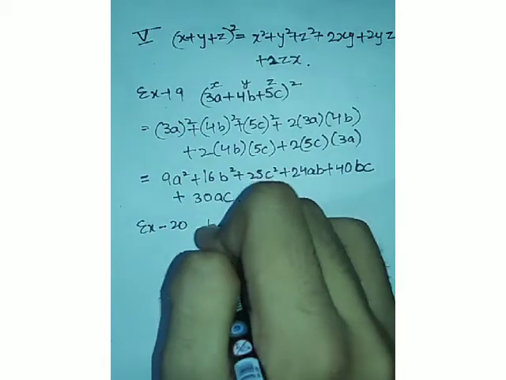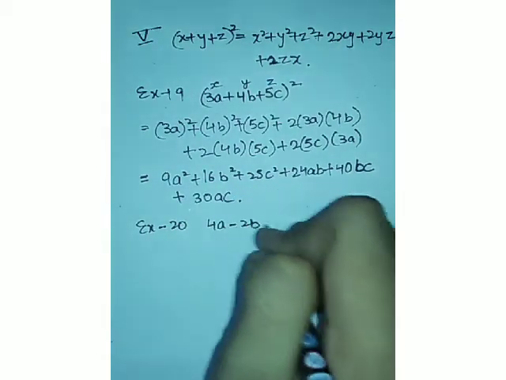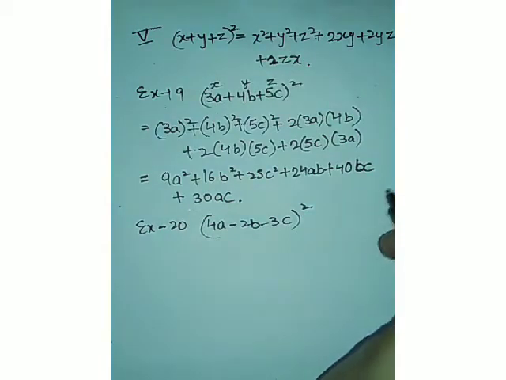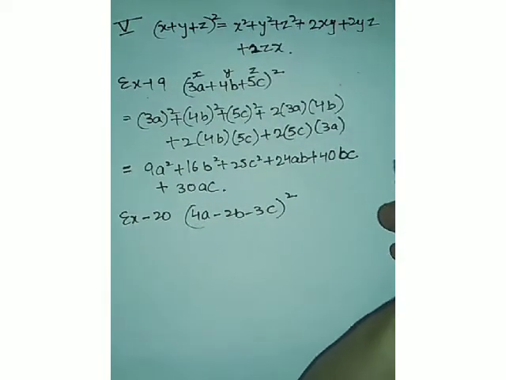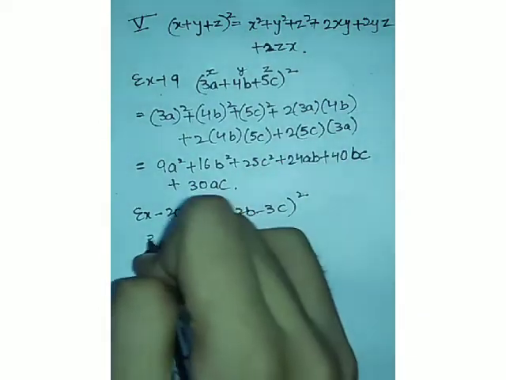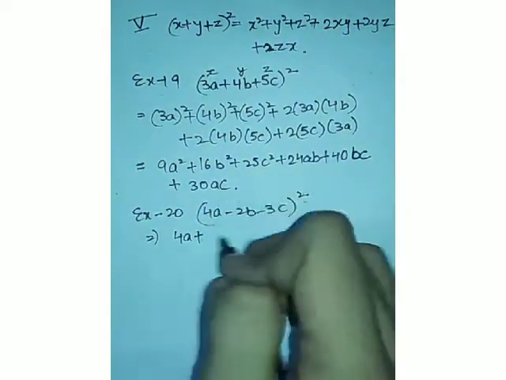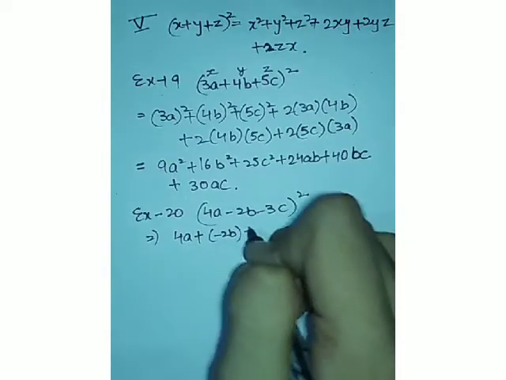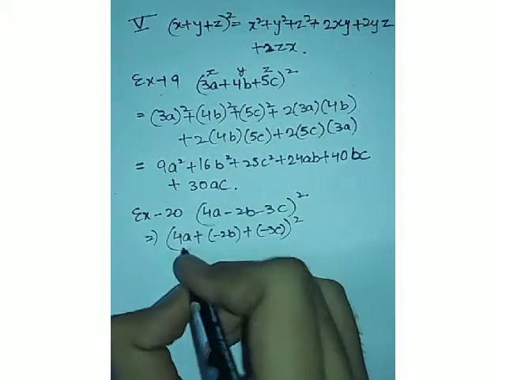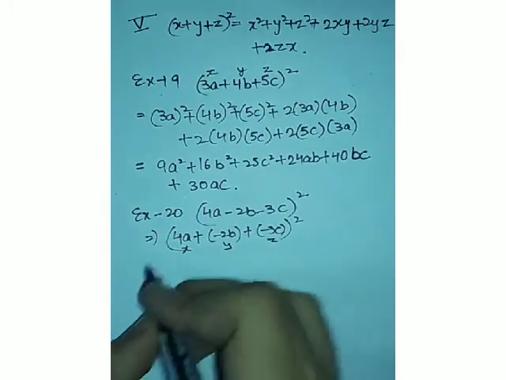In this example, we have to expand 4a minus 2b minus 3c whole square. Now, some of you must have been wondering that we have done the identity in which there were only plus signs, but here it is minus. So don't worry about that. Just convert it like this: plus of minus 2b plus of minus 3c whole square. This is your x, this is your y, this is your z.